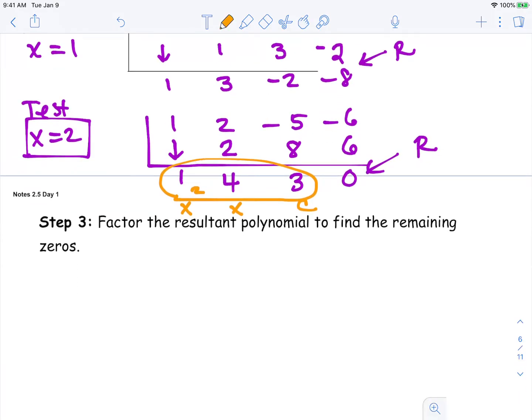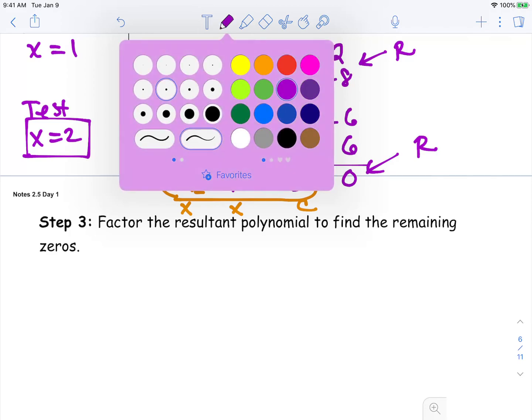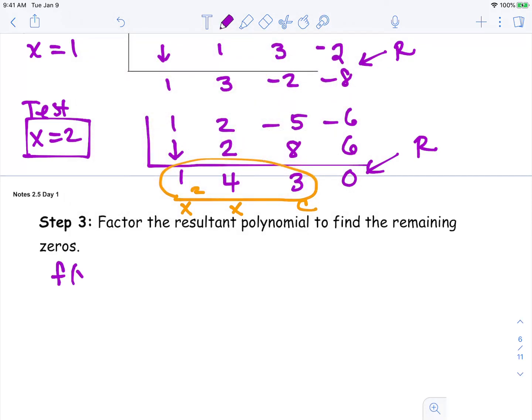So I'm going to write the function f of x equals the first factor. If the 0 is at x equals 2, then in factored form it's going to be x minus 2.